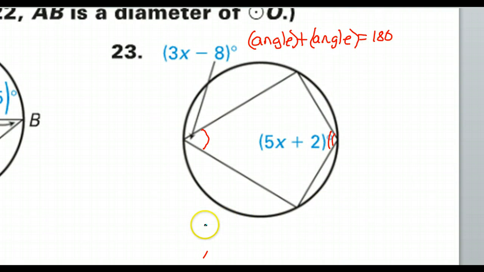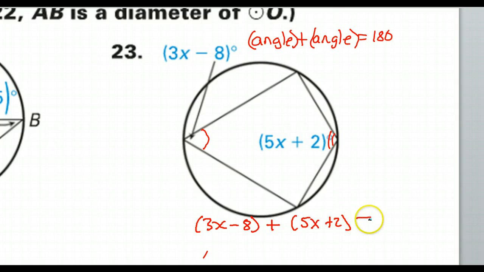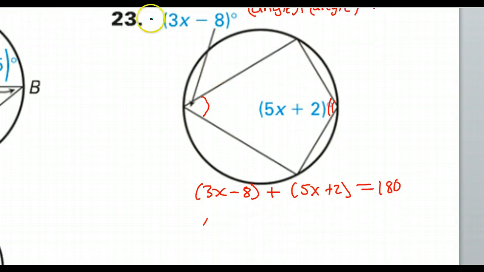I think I can do it down here. So that means 3x minus 8, which is one angle, plus 5x plus 2, which is the other angle, should equal 180 degrees. So now it's just a matter of solving this equation. Shouldn't be too hard.